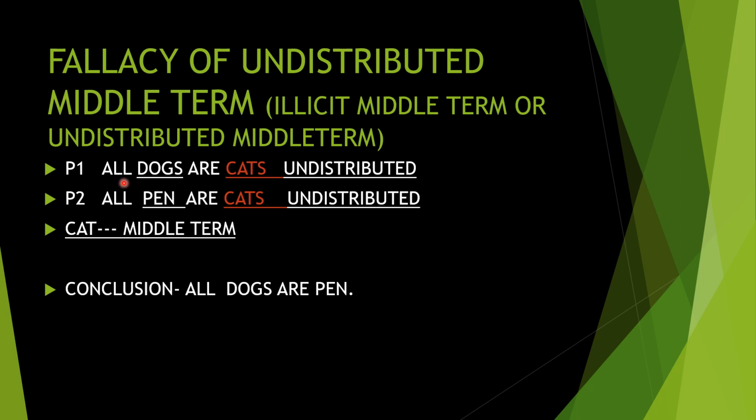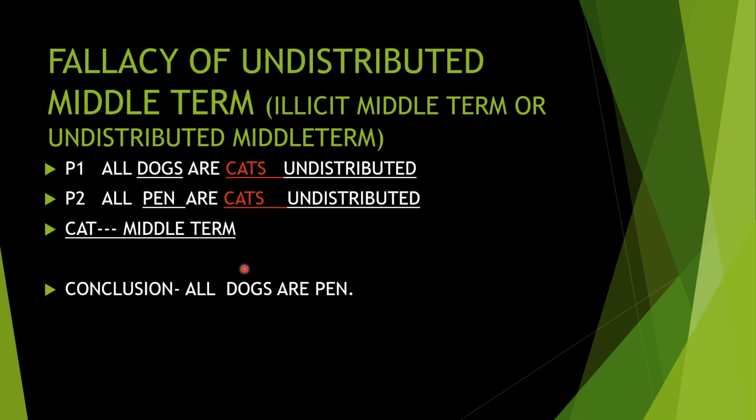That is P1: All dogs are cats. Here, cats is the middle term and it is undistributed. P2: All pens are cats. Here also, cats is undistributed. So it is undistributed in both of them.